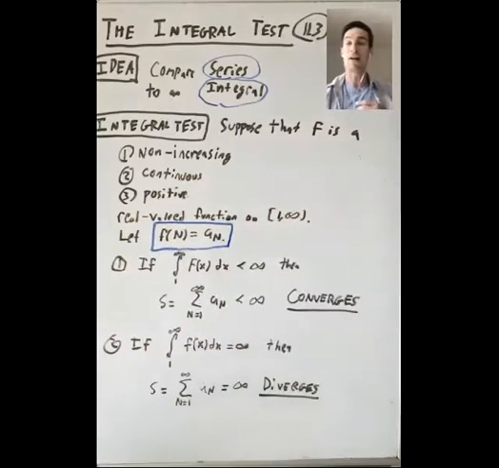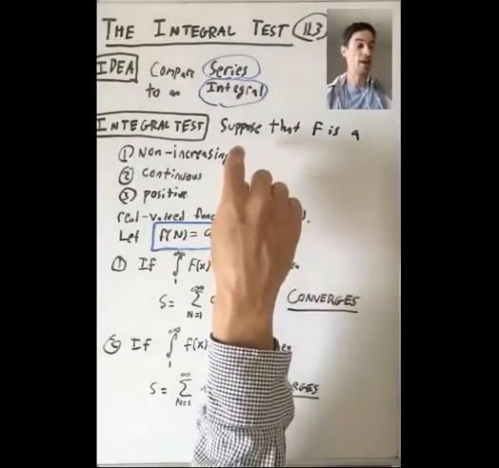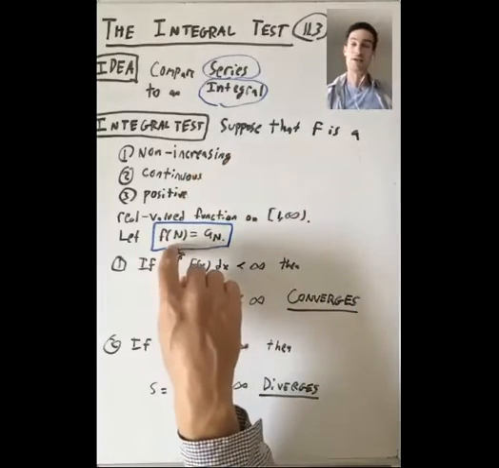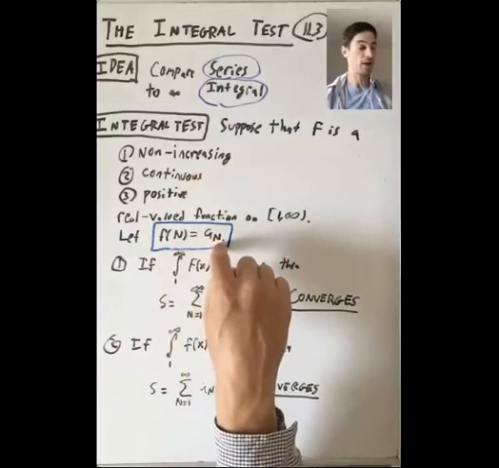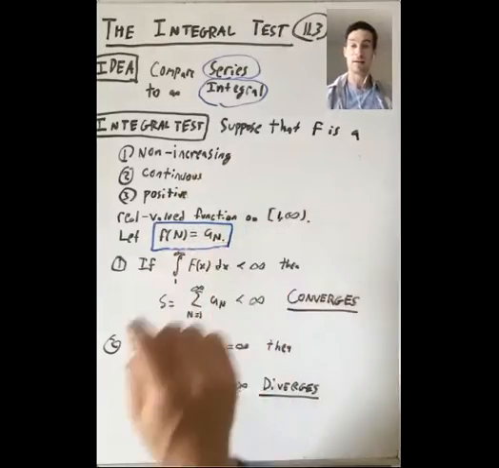So it doesn't matter if it's not continuous at 0. It doesn't matter what happens when values are negative. Between 1 and infinity, it has to be non-increasing, continuous, and positive. Then we're going to use this function to make a sequence. F of capital N will be equal to a_n.